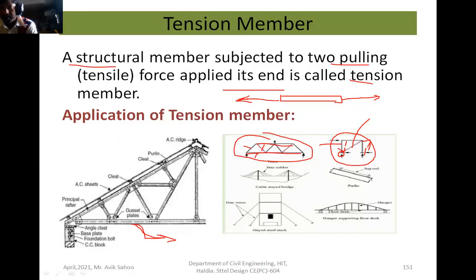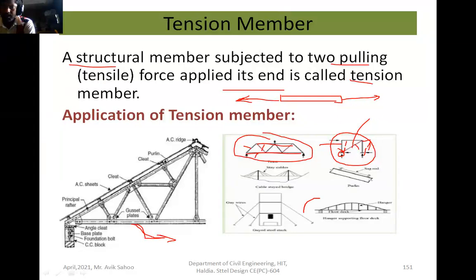That's why the tensile forces are induced here. It is going to move in this direction, so the tensile forces are induced in this member. Similarly, tension members have many applications in steel structures.